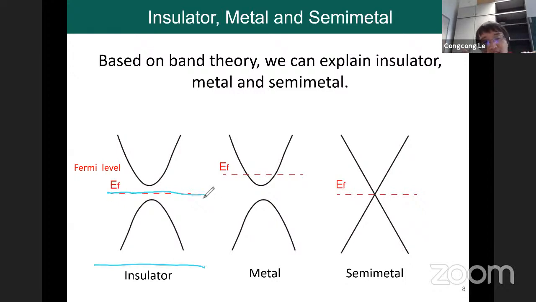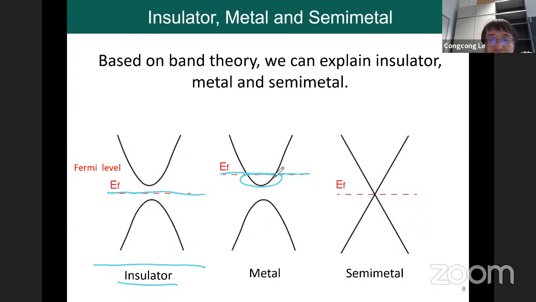So in this case it is an insulator. And if the Fermi level crosses the band, then electrons can provide transport properties.